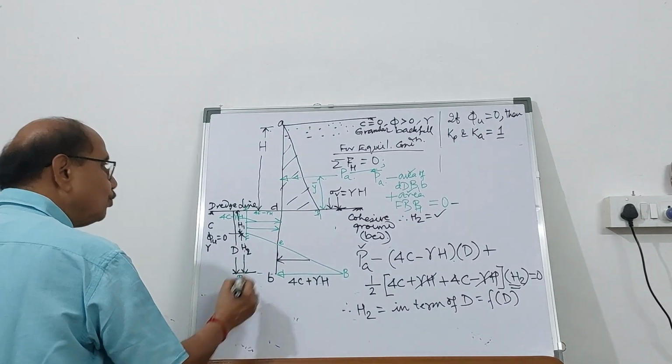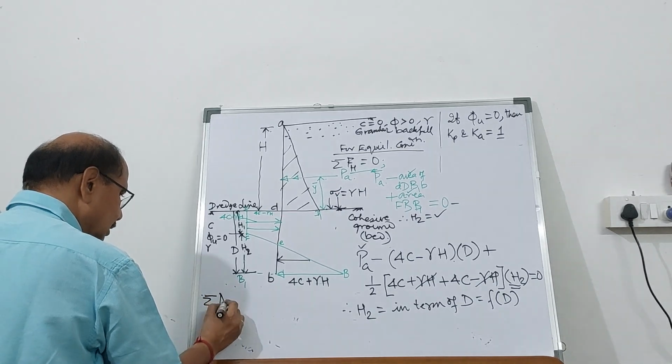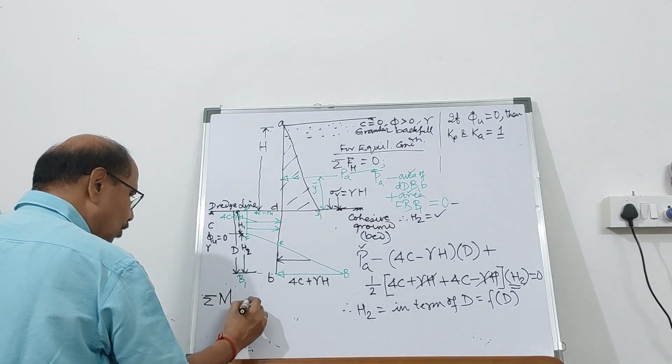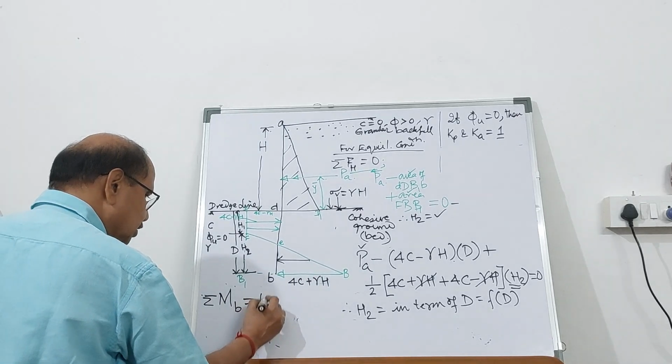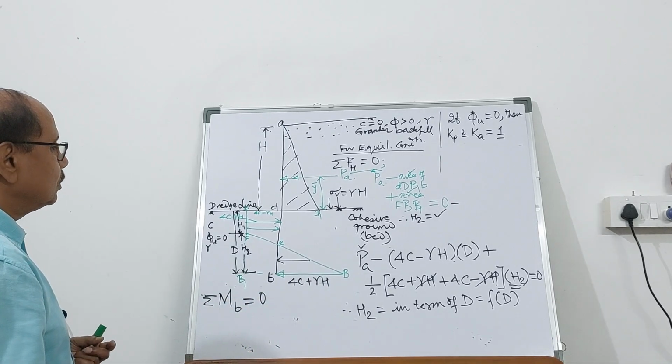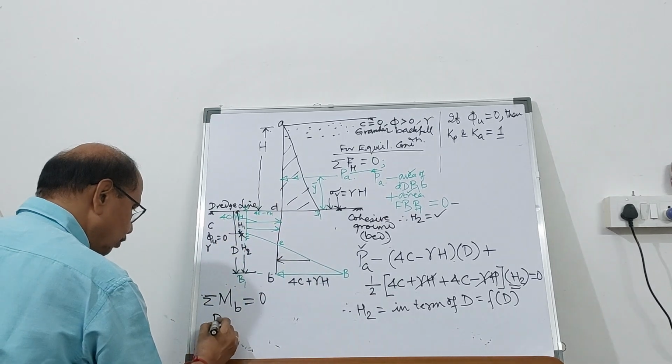Therefore, now for equilibrium condition, you know that the algebraic sum of moments about the bottommost point, about the base, must be equal to 0. Now, you already know the magnitude of PA.